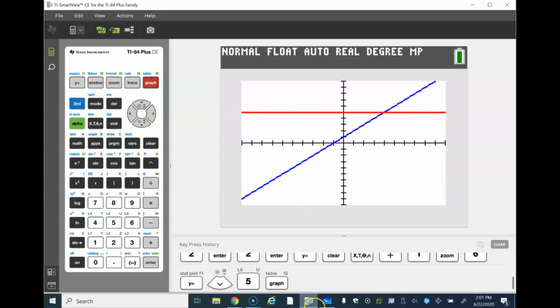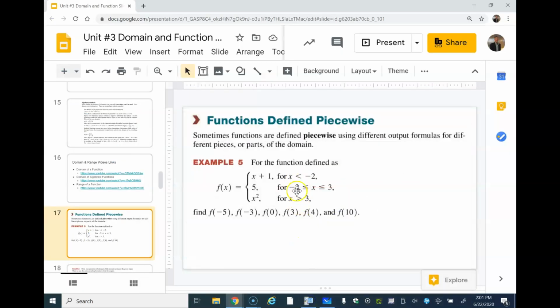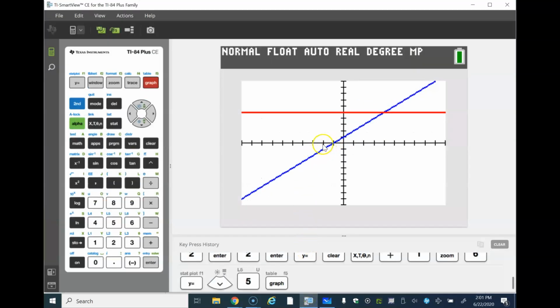I just need a piece of it. What piece am I going to look at? All I want is the numbers between negative 2 and 3. So the only red part of the line is from negative 2, where we stop right here, to positive 3. So from here all the way to here is the only part I'm actually keeping.